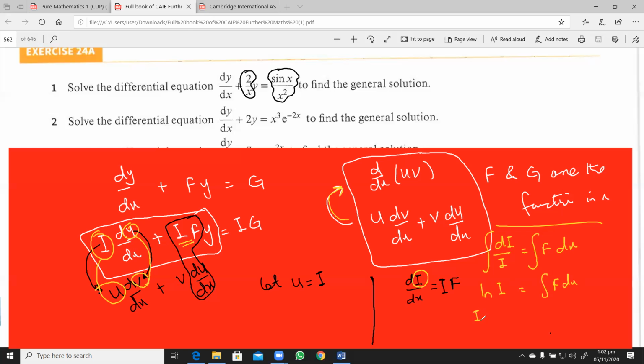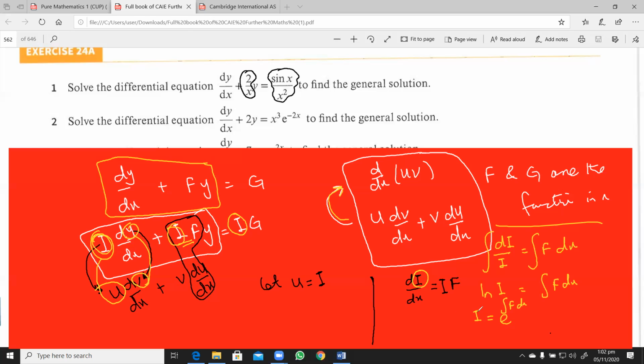We were looking for this I because we introduced this I over here. We multiplied both the sides by I. So this I was introduced so that we can write all of this as a product, because if we have a product, only then we can start solving this differential equation. So this I is going to be e raised to power integral of f dx.